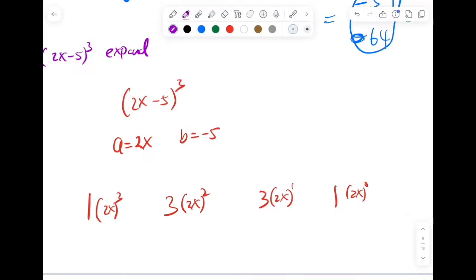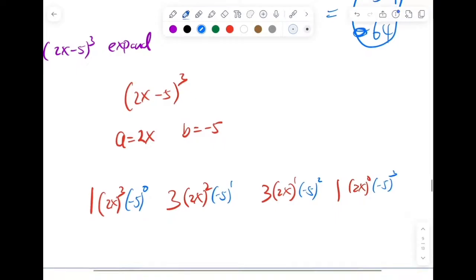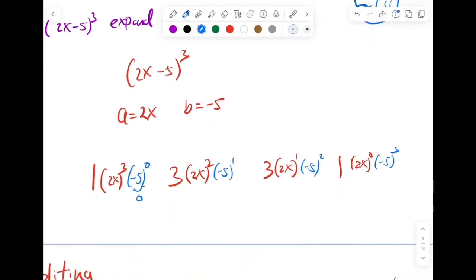And then b is -5 to the what? 0, -5 to the 1, -5 to the 2, and -5 to the third. Anything to the 0 power is 1. Sorry, it's not 0, it's 1. So that's equal to 8x cubed. Is that okay?